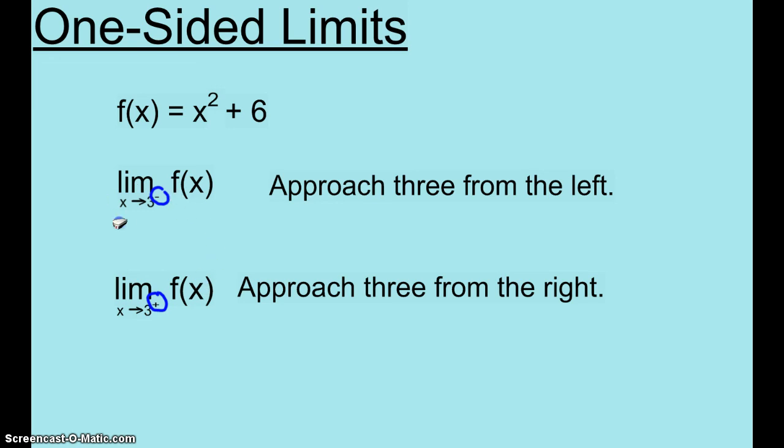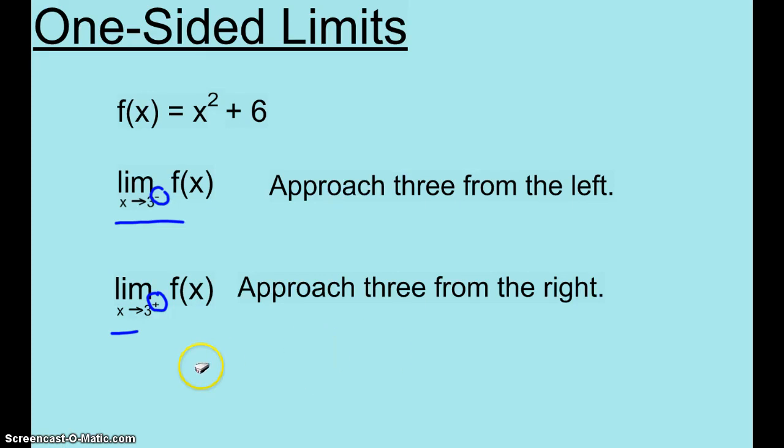So this one is approaching from the left because we're coming from the negative side, and this one's coming from the right because we're coming from the positive side. And now we're going to find out when a limit actually exists.